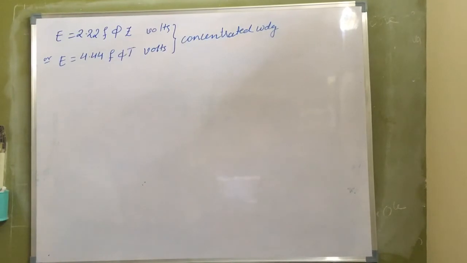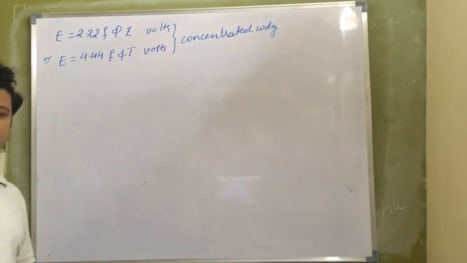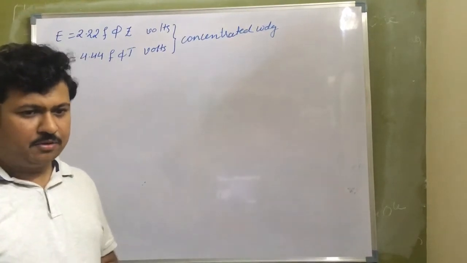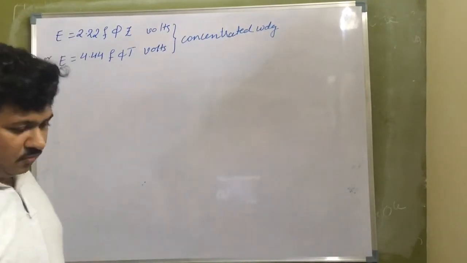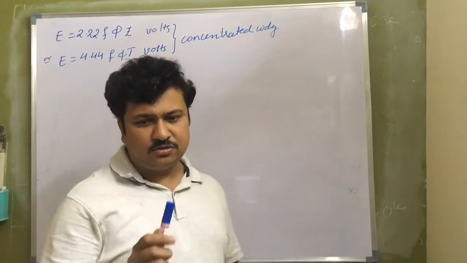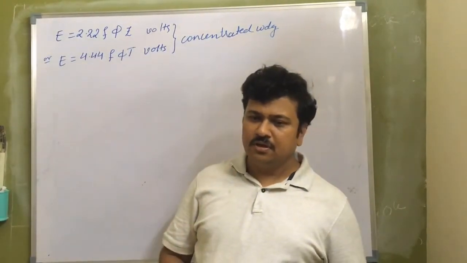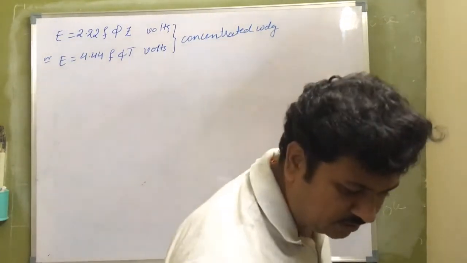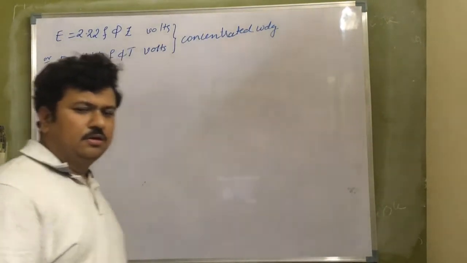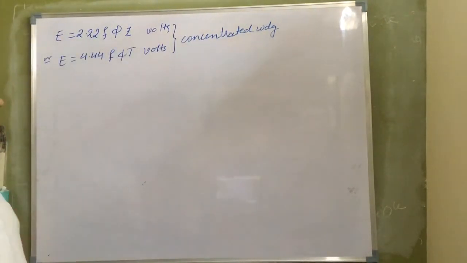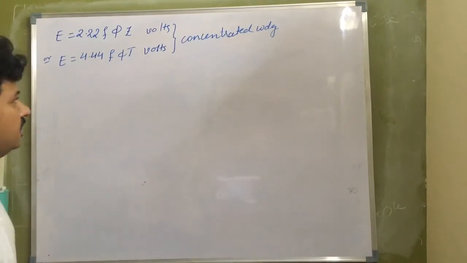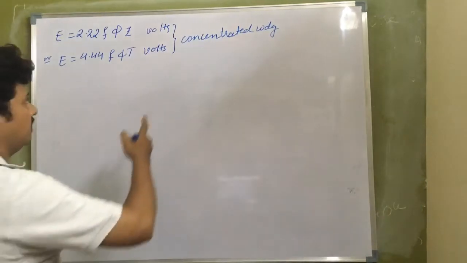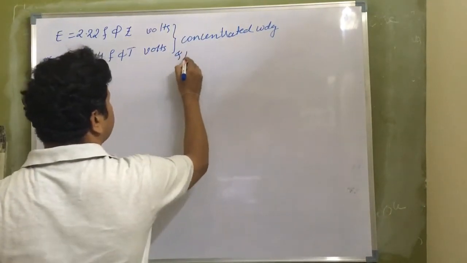But generally we don't use concentrated winding in the construction of an alternator or synchronous generator, because concentrated winding will not yield us the sinusoidal voltage. Okay, we'll see what is concentrated winding and what is distributed winding. So this equation of induced EMF is giving us the EMF induced in concentrated winding and full pitched winding.